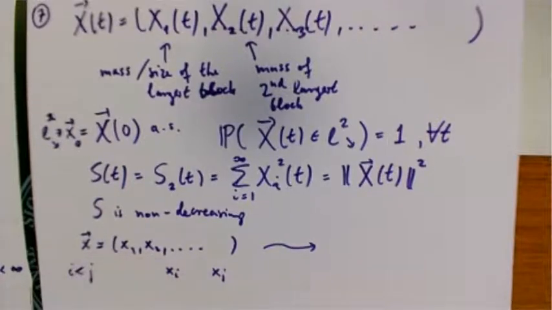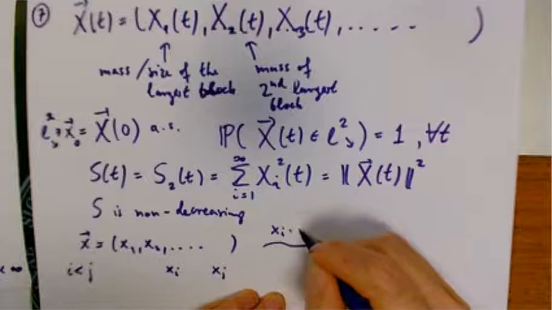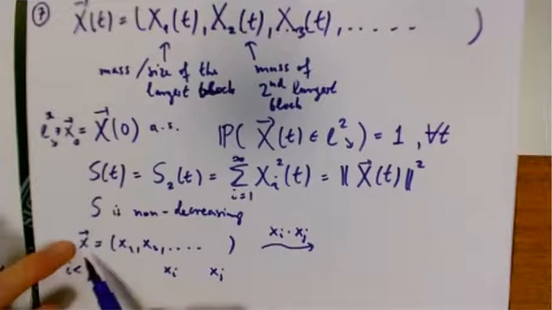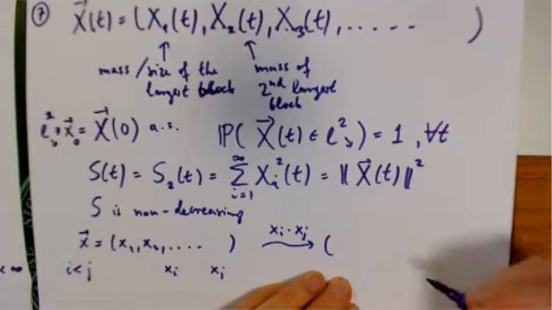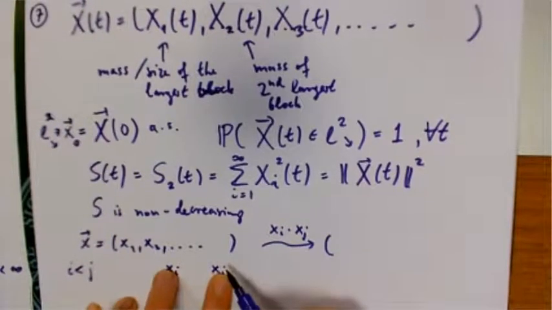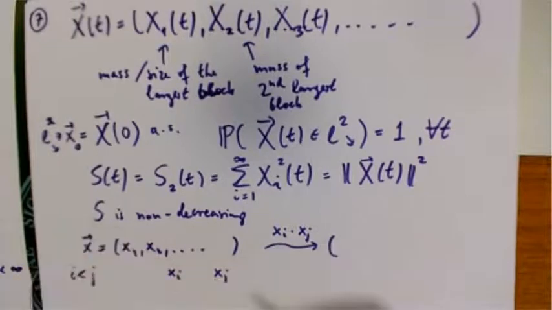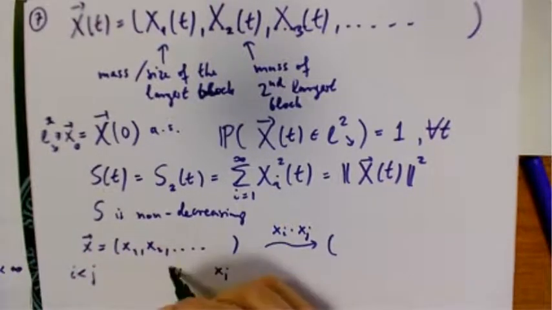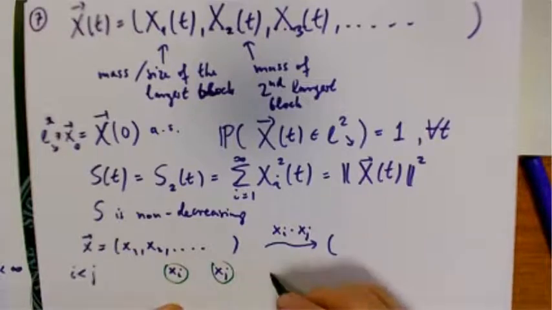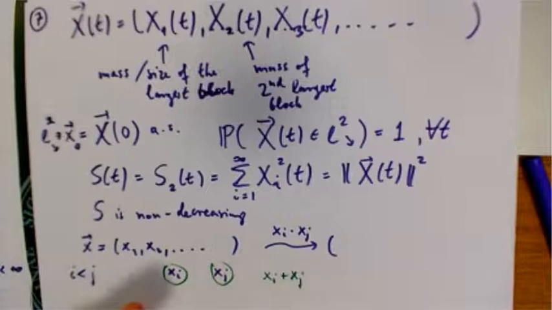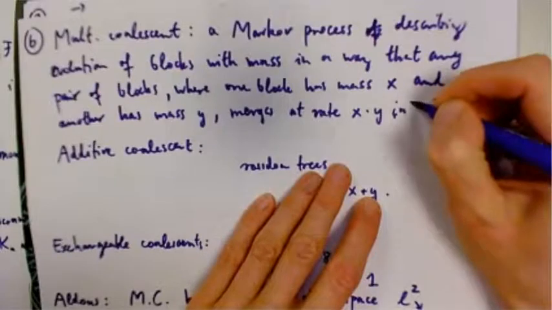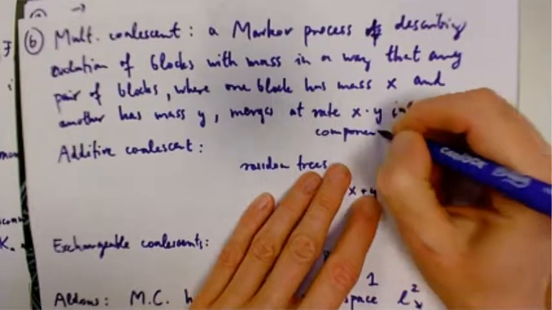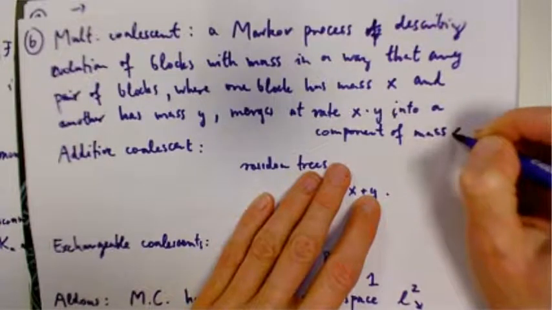Then at rate x_i times x_j, so it is a multiplicative rate, these two components are taken out and merge into a new component of mass x_i plus x_j. So the mass is preserved.